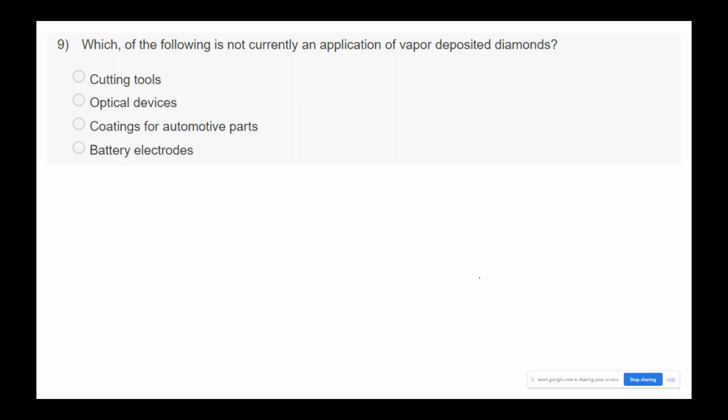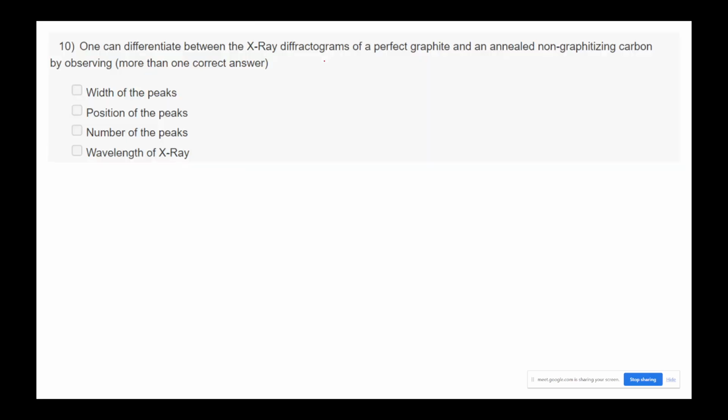In battery electrodes, we have not seen any application of vapor deposited diamonds, but we have seen them often used in cutting tools or as an optical device coating for automotive parts, but not in the battery electrodes.